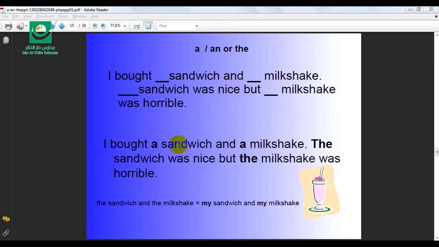Any sandwich you're talking about. The sandwich was nice, but the milkshake was horrible. In the first sentence you used a, but in the second sentence you used the, because you are referring to the sandwich and milkshake you bought.